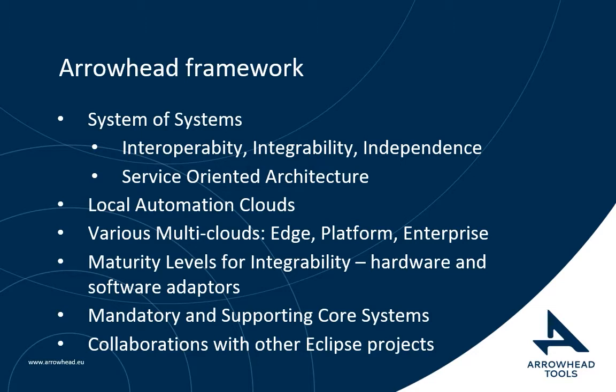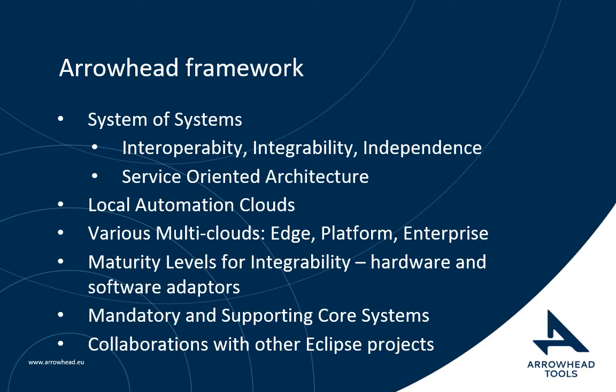The Arrowhead framework is built on system of systems principles, and it features interoperability, integrability, and independence, which I will discuss a little bit further later on. For example, interoperability can be reached by addressing the service-oriented architecture approach, which is a very nice feature of Arrowhead.